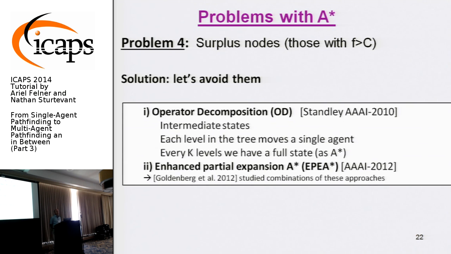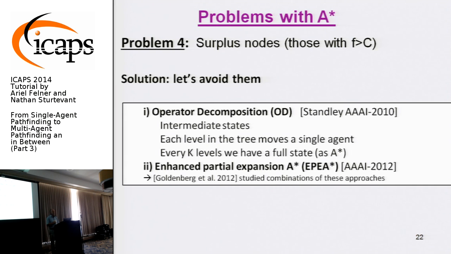So we have what Stanley called operator decomposition, which means I'm only doing one agent at a time. So my tree will be deeper, but the branching factor will be much smaller. Sometimes I can stop without generating all the nodes in the combined or the K agent state space. And another technique we described previously, enhanced partial expansion A star.